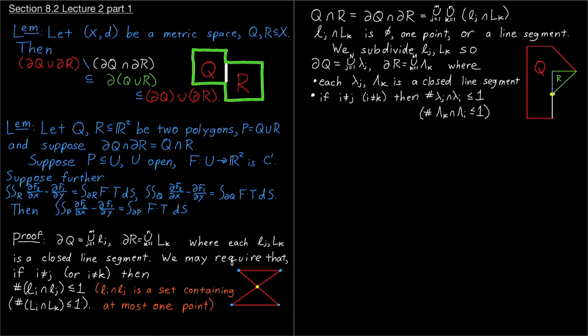What we're going to do now is start with all the ones that overlap. We're going to start with this line segment here and this line segment up here. So up to some constant J, they are the same: lambda_j equals lambda_k.